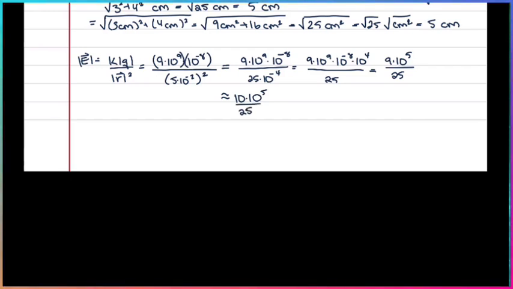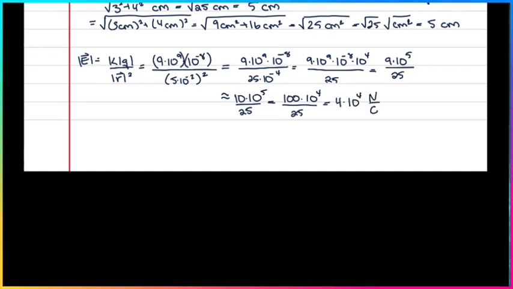Now 10 divided by 25 isn't a clean division, but if I yank out one of those 10s, this is the same thing as 100 times 10 to the 4 divided by 25. 100 divided by 25 is easy, that's just 4. So this is approximately 4 times 10 to the 4.